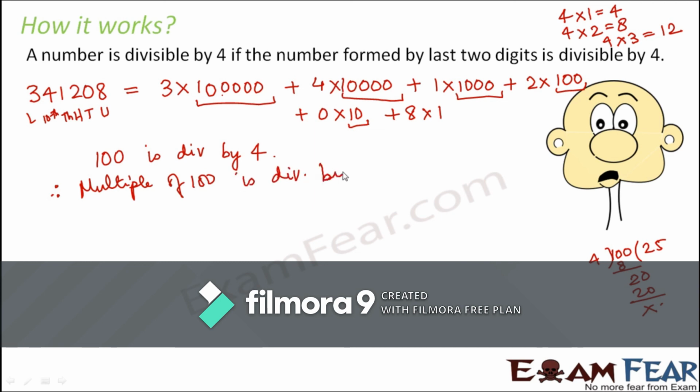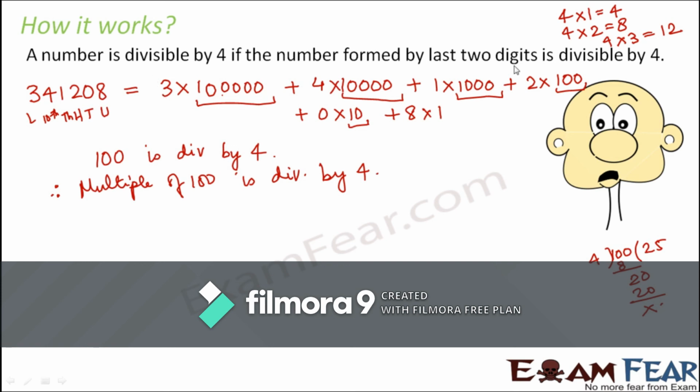So that means if 100 is divisible by 4, then 100 into 10, that is 1000, is also divisible by 4. Then 100 into 100, that is 10,000, is also divisible by 4. Then 100 multiplied by anything will also be divisible by 4.